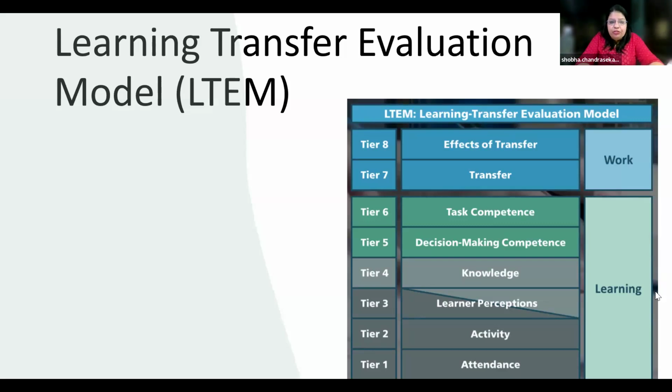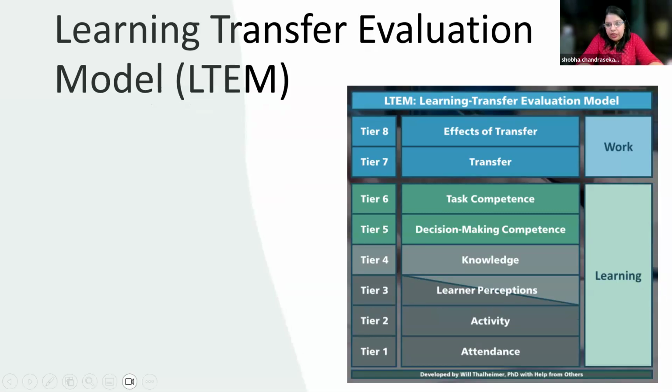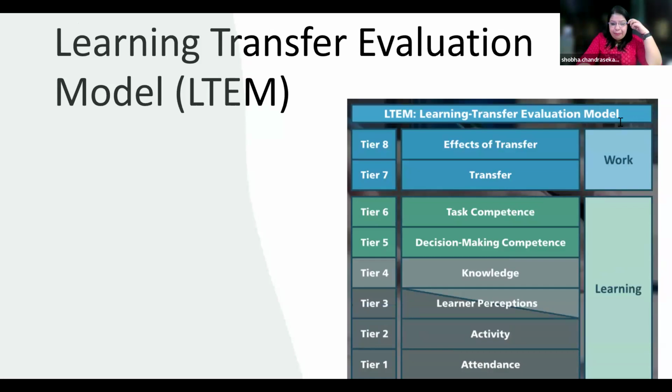Then we move on to the fifth level, which is decision making. Now here you start doing and checking whether the learners can apply the knowledge and skills they've gained to make decisions in real life situations. Are there any instances of them making decisions?